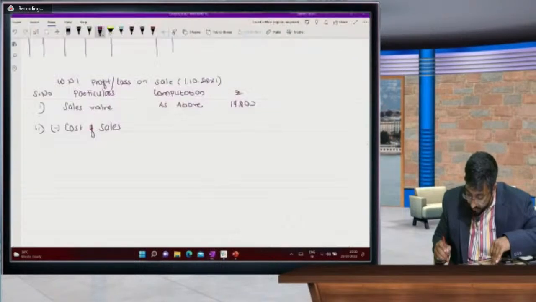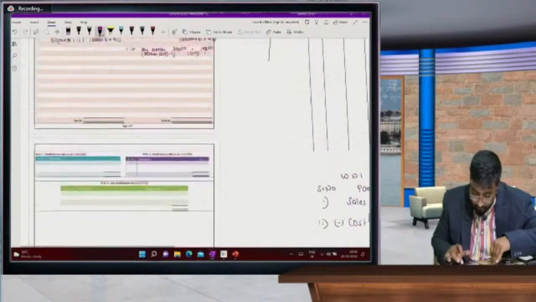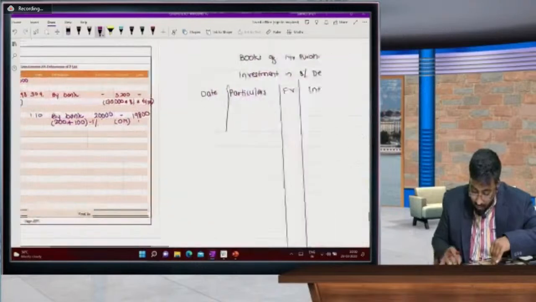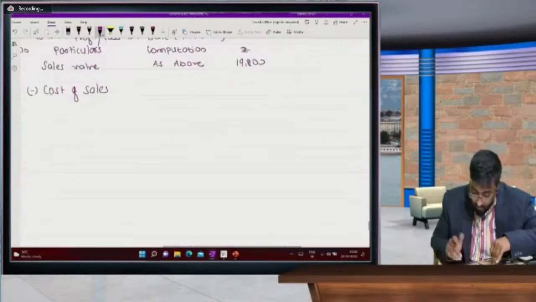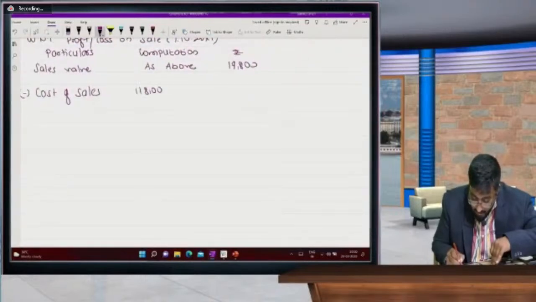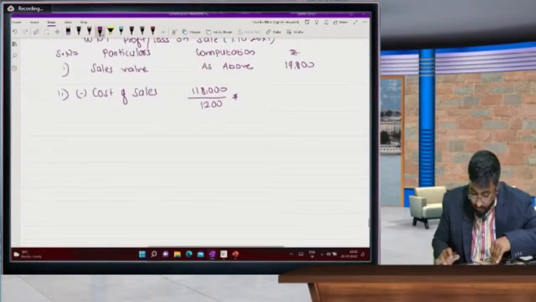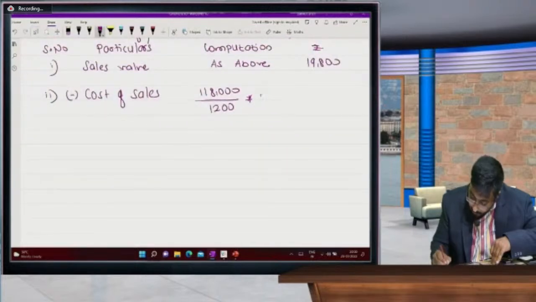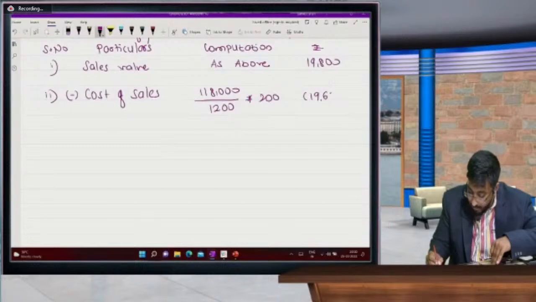So you will consider the first lot, 1,18,000. 1,18,000 for how many debentures? 1,200. So you are selling 200.